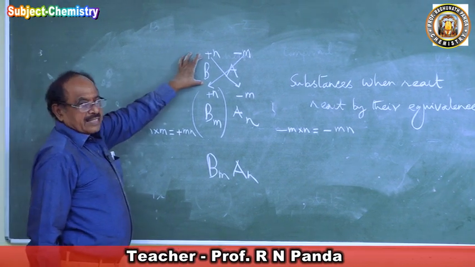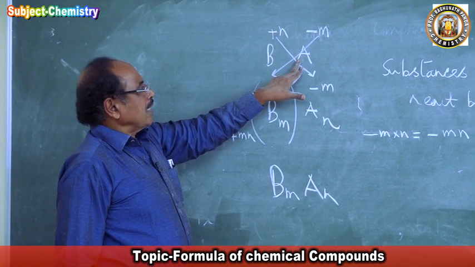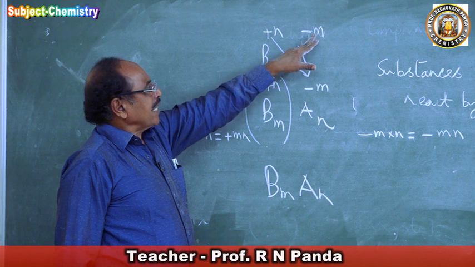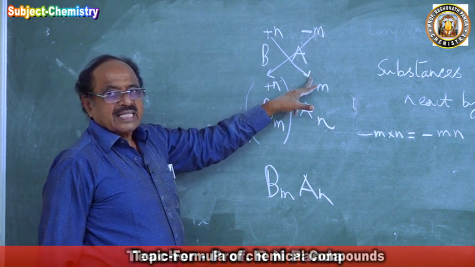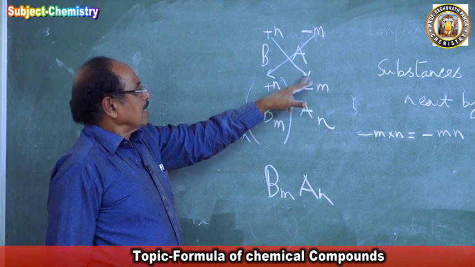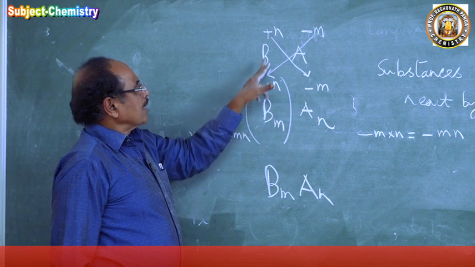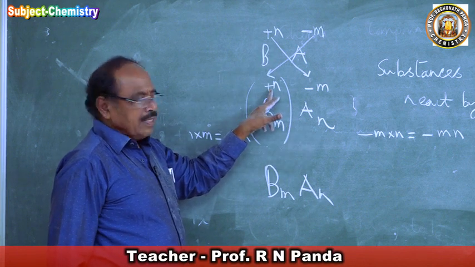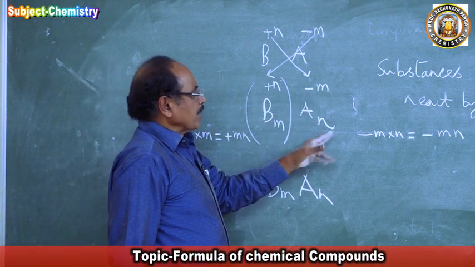So this is the way. First we write the basic radical with its charge at the top, then write the acid radical with the charge at the top, then exchange the number of the charge, not the charge, the number of the charge. So we have B^M+, we got the M here, and N we got here. So here total charge is plus N into M, plus Mn, and here minus N into M, minus Mn.